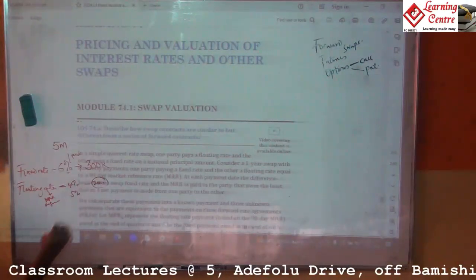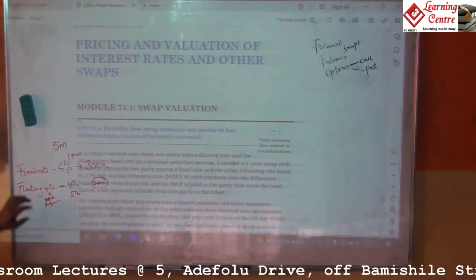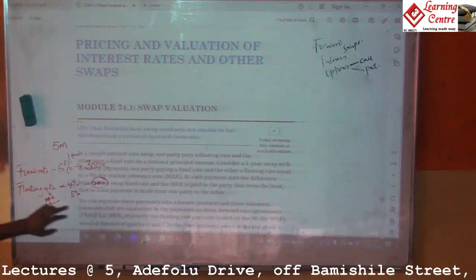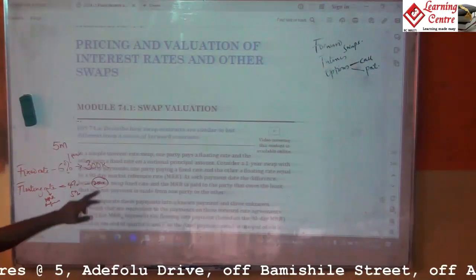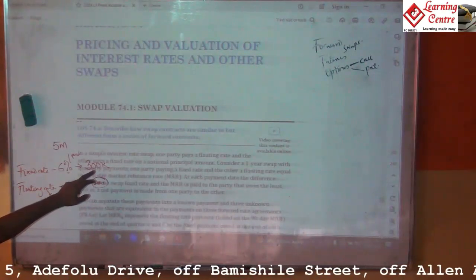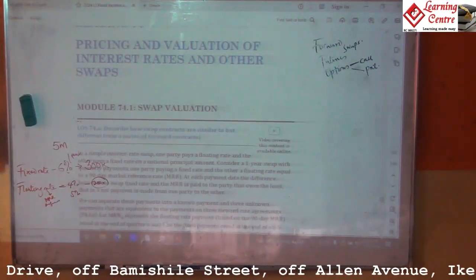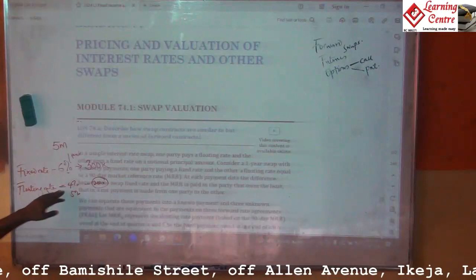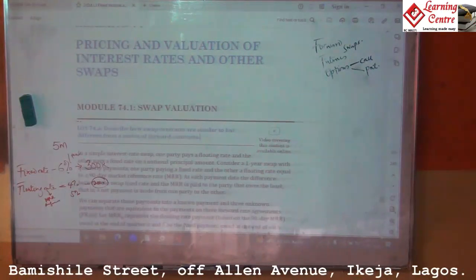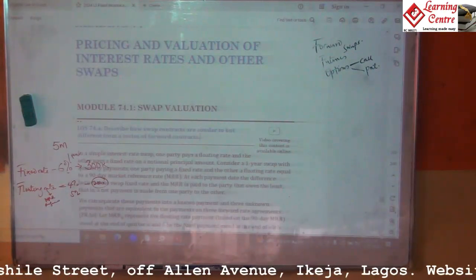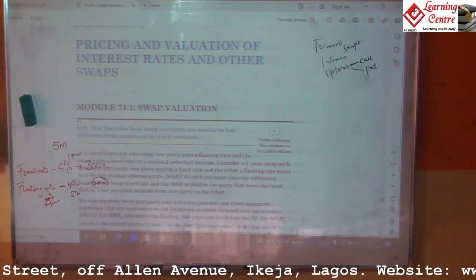It means that the person I have gone into this swap contract with, we give him 200K, he will give me 300K to settle my loan. So he has lost what? 100K. So I have gained because I have moved from a fixed rate to a floating rate, and I have gained because the rate has come down.